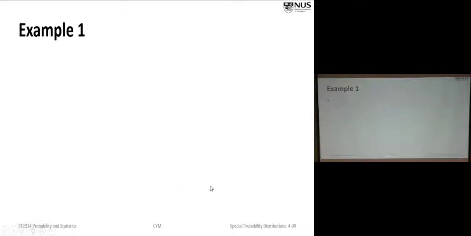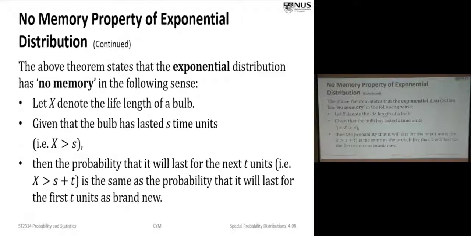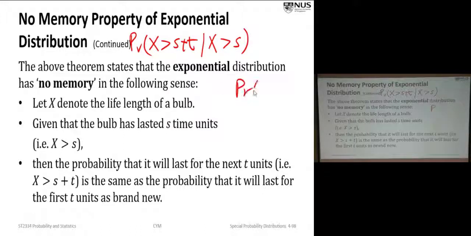So here it says that, given that it lasts s units of time, what's the chance that it lasts another t? So this is what I want to find out. And now it's saying that, forget about your s. It's the same as just lasting for t units. So these two probabilities are the same. That's what the memorized property is saying.